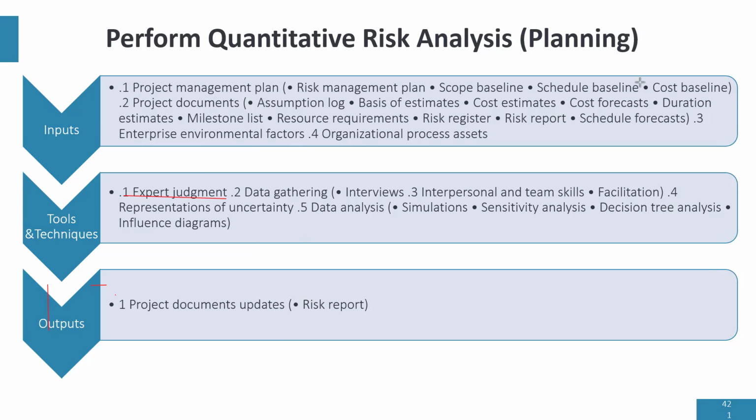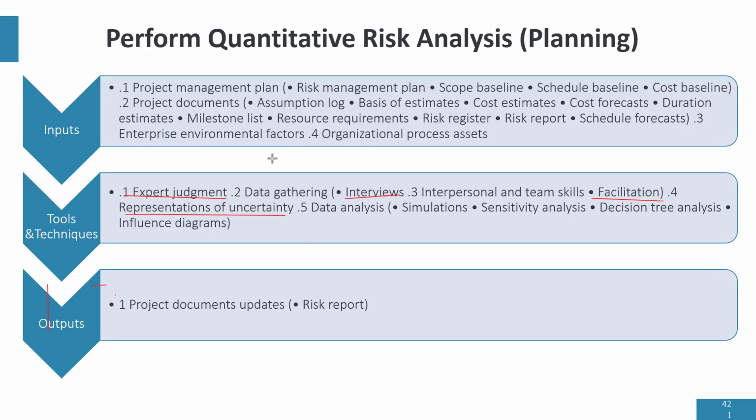Another thing is interviews. So we interview stakeholders on probability and impact. We can use facilitation techniques to get information from stakeholders. We can use representations of uncertainty, and that is our PERT and triangular distribution.